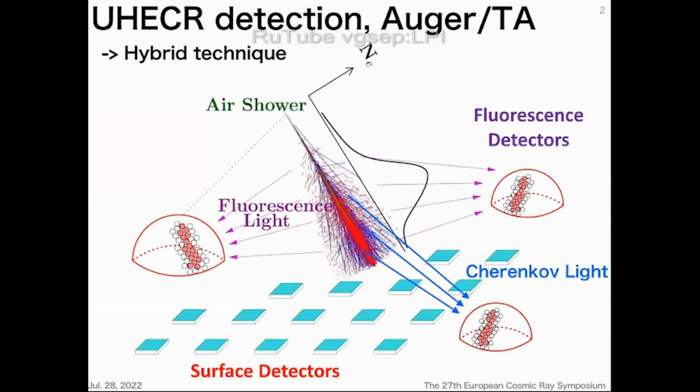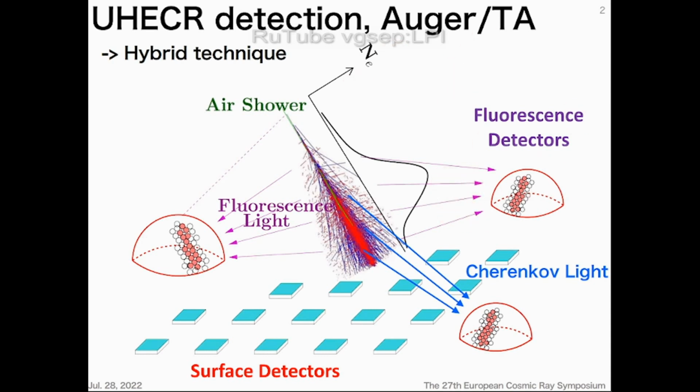Let's start my talk. Firstly, I will briefly introduce our technique to detect the cosmic ray shower. We have the surface detector array and the fluorescence detector.